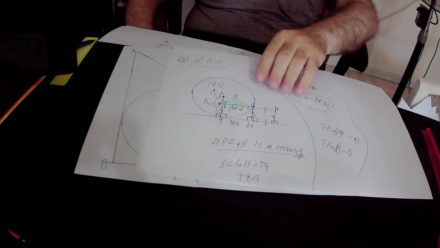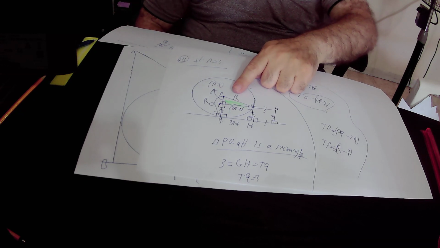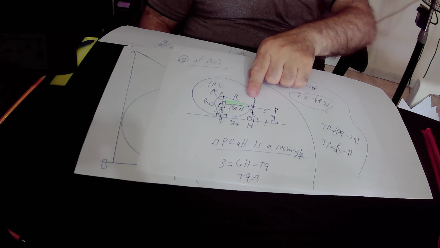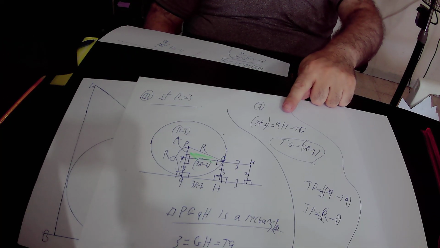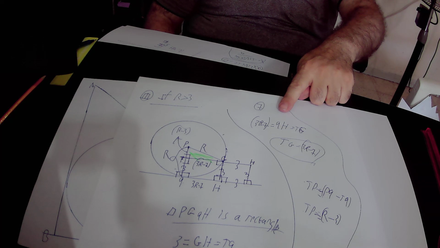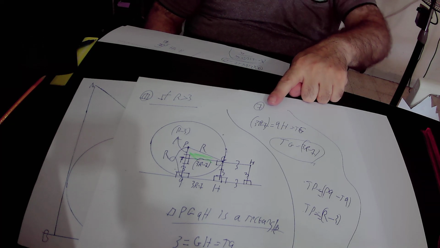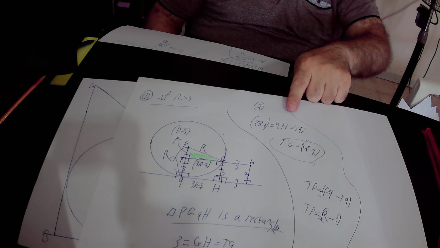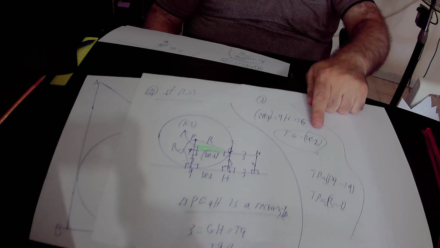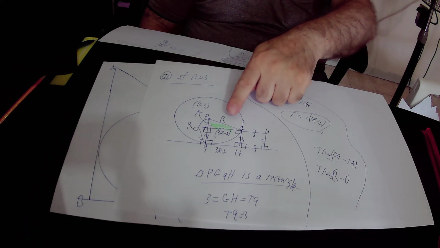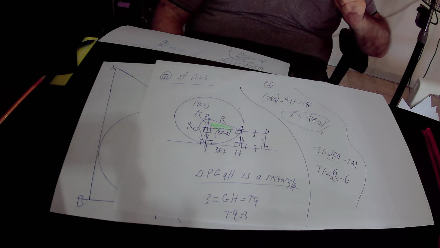Likewise, according to the rule that the opposite sides of a rectangle are equal to each other, we get that TG is equal to QH. But we have already found out that QH equals 3R minus 7. So TG is also equal to 3R minus 7.